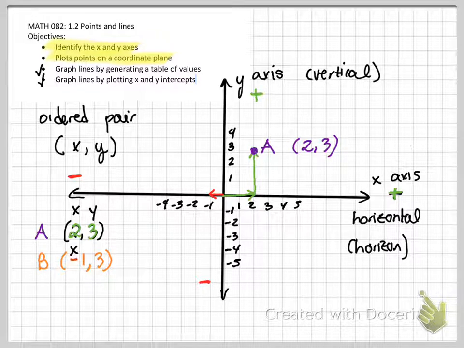Okay, so I went left 1 unit, just like it told me to. Now, you notice my y value is still positive. So since my y value is still positive, I still go up 3 units. Okay, and then we have our point B right here. And again, that's the point (-1, 3).